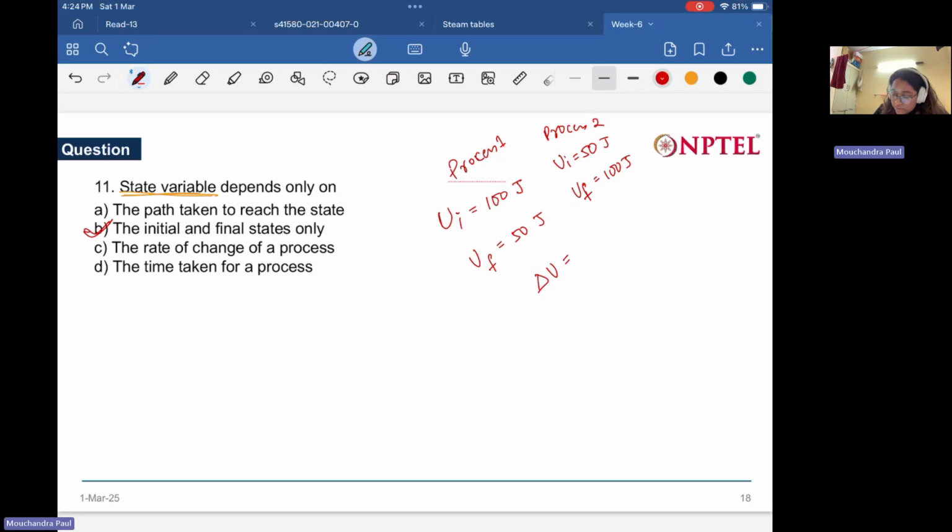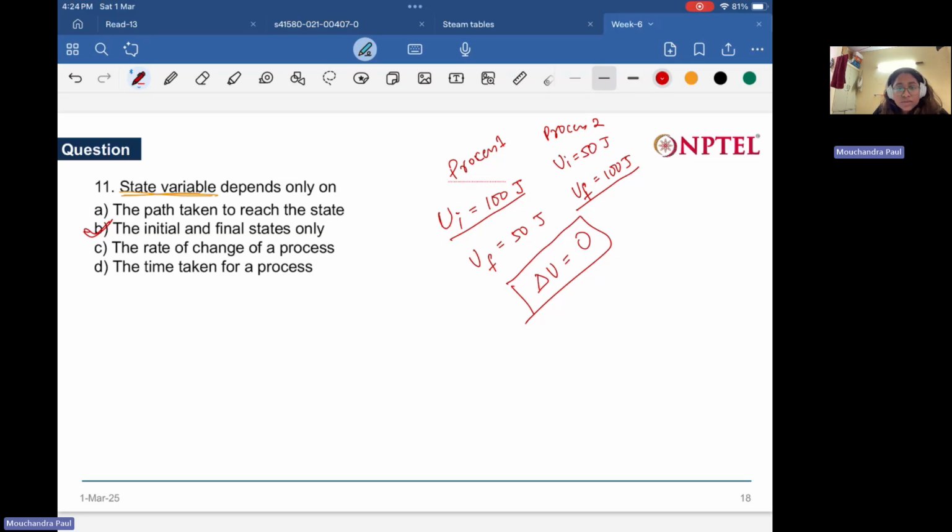This minus this, 0, right? Because we are now checking the net change in the internal energy from the first initial state to the final state of the system.